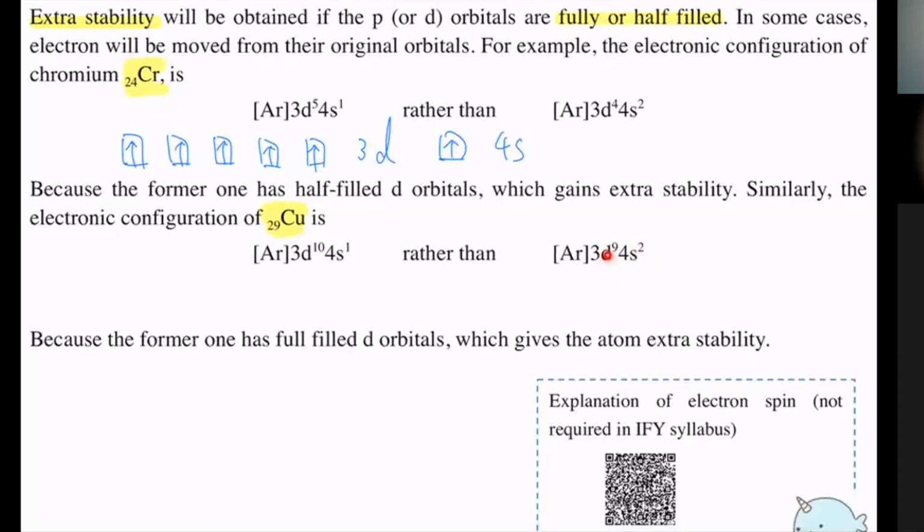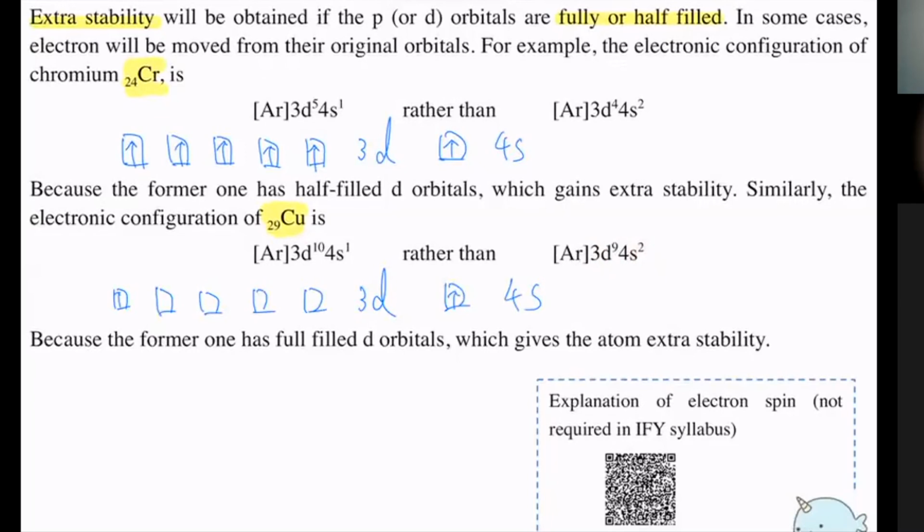But again, because 3d and 4s got similar energy level, and we want to achieve a full shell, this time we're gonna have 3d and then 4s. Again, we're gonna move one of the electrons from 4s and put it into 3d.